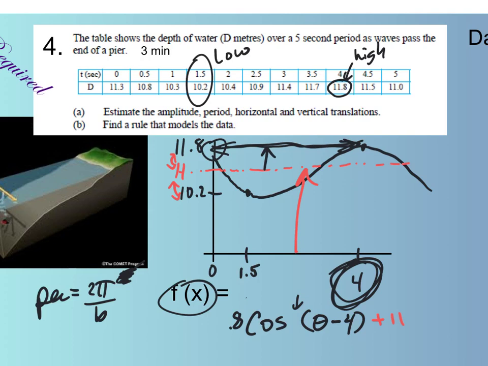The period is how long it takes to complete a complete cycle, and I get this all the time. Kids will say, oh, so it goes from here, the low spot, to here, which is the high spot, and they subtract those two, and they say 2.5, which is the difference between here and here, but it's not 2.5. The period is not 2.5. The period is how long it takes to go from like the low spot to the next low spot.